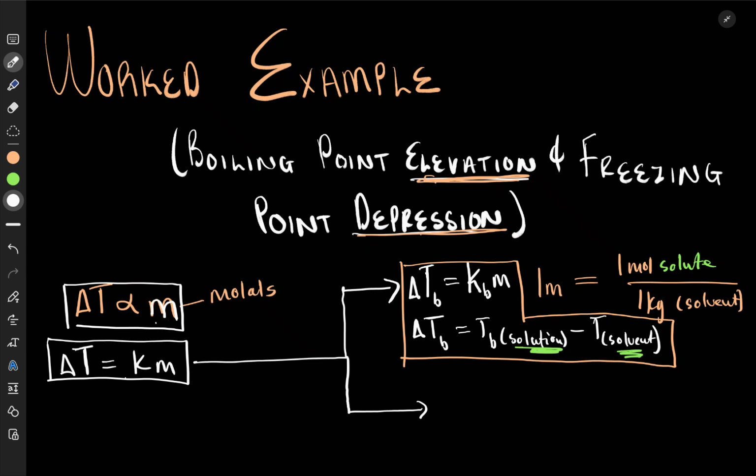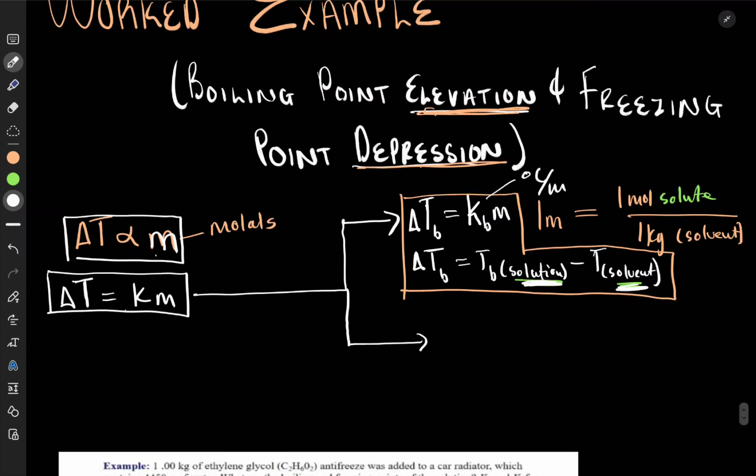Then we will know how much adding salt will increase the boiling point by. Great. And remember that your temperature is going to be in degrees Celsius and your concentration is going to be in molality. That will affect your K because your K is going to be in degrees Celsius per molal.